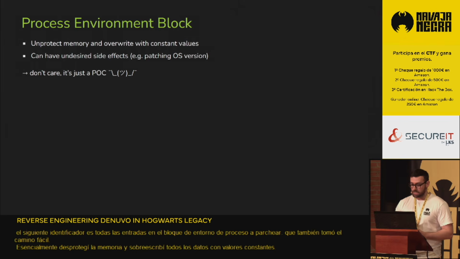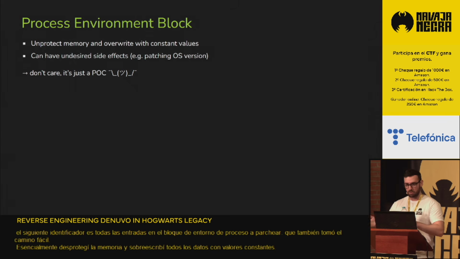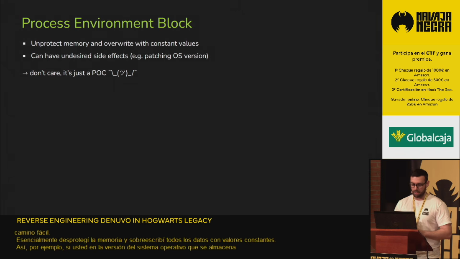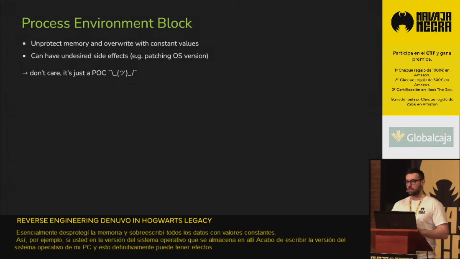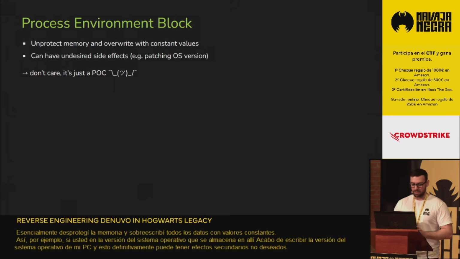And this can definitely have undesired side effects. So for example, if a library within the process reads this Windows version to determine if it supports some special API or not, then your PC can obviously crash if you don't have the right version in there. But I didn't really care. It was just a proof of concept. So I overwrote everything I could. And that way I was able to patch the process environment block.